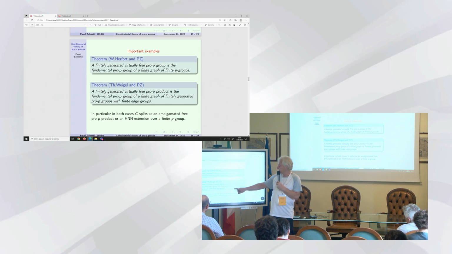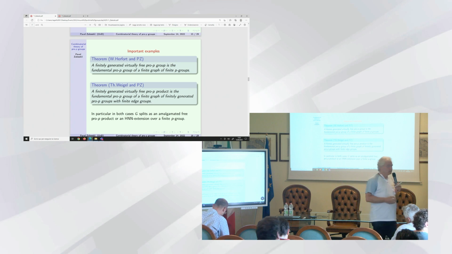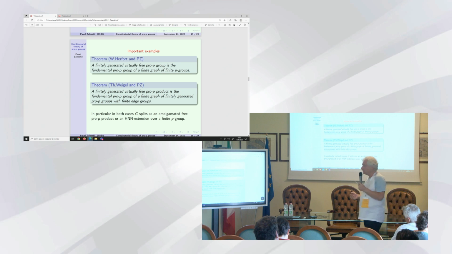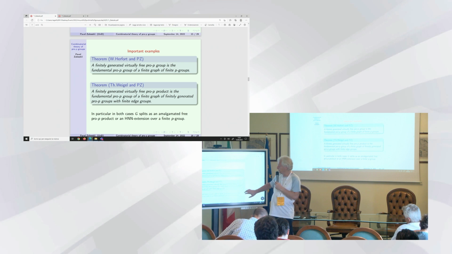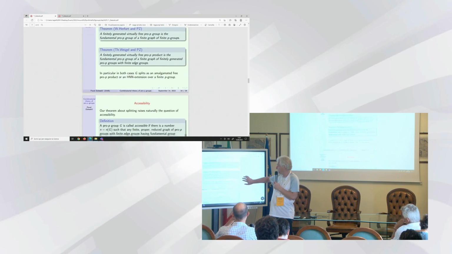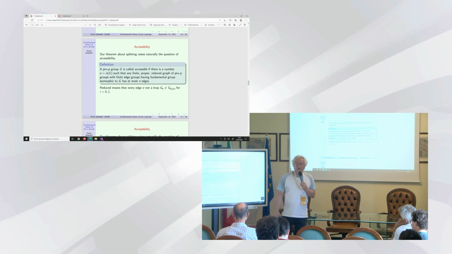In this case, all edge groups are finite. Right, so they really describe them in this manner. So this construction appears naturally as a description of virtually free pro-p groups and virtually free pro-p products, and then comes the question of accessibility.